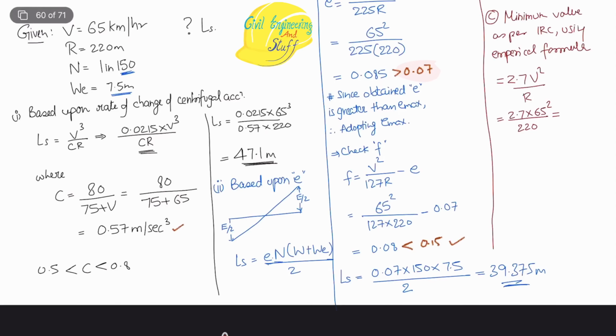So this will come out to be 51.852, that can be said as 51.9 meter.